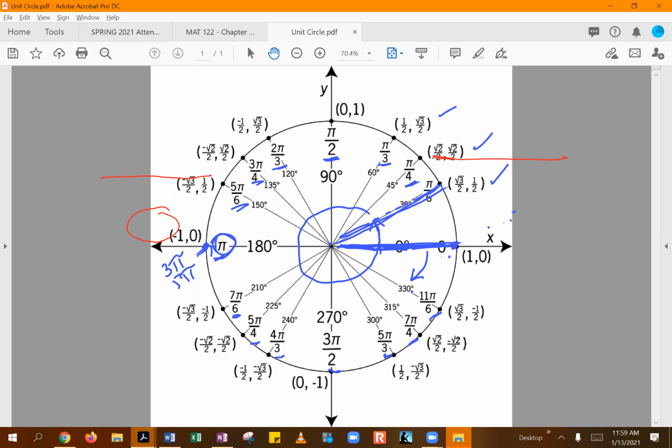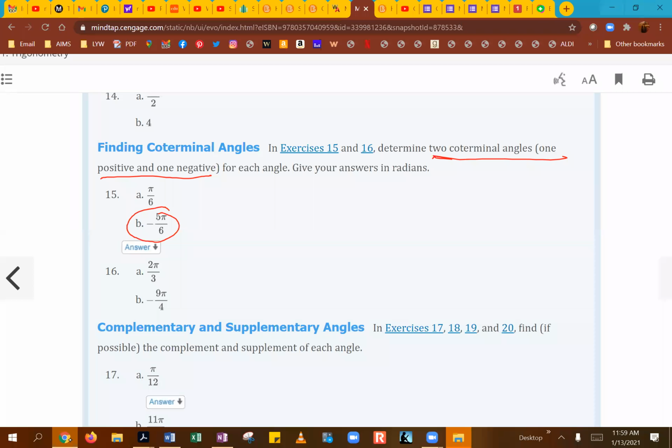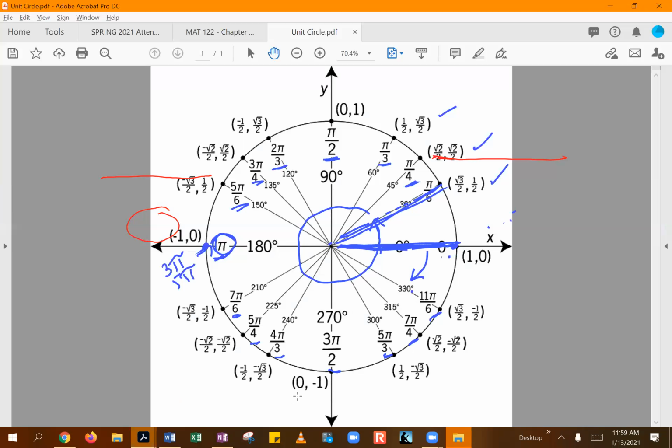So if you're going in the clockwise direction, then your negative 5 pi over 6 is going to be coming from here, and it's going to be this one right over here, this angle, starting from the initial side, going to this side over here.